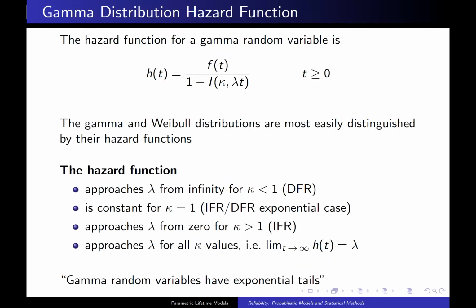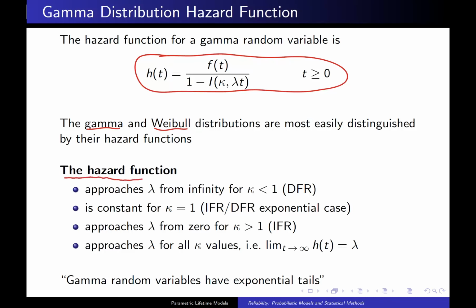Well, if the survivor function is messy, you know that you're going to have a messy hazard function, and here is that messy hazard function. One way to distinguish between the gamma and the Weibull distributions is to look at their hazard functions. It turns out that the hazard function for the gamma distribution will approach lambda from infinity when kappa is less than 1, and that is the DFR case.